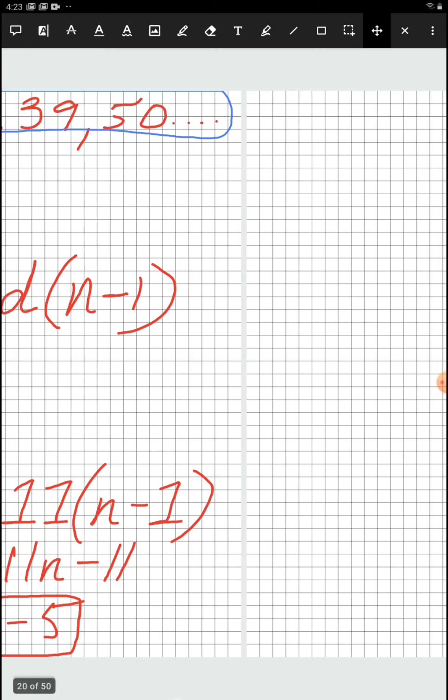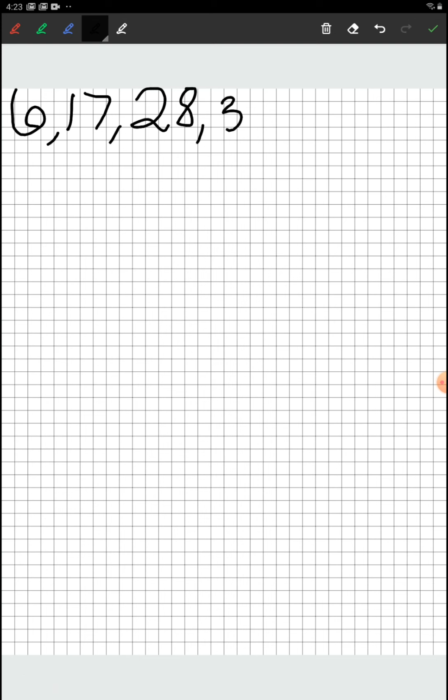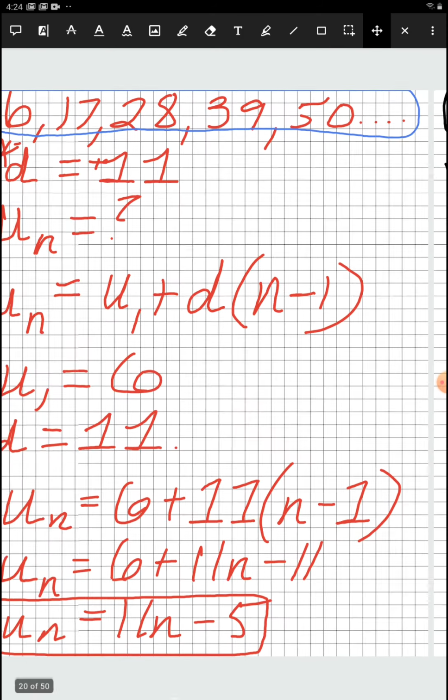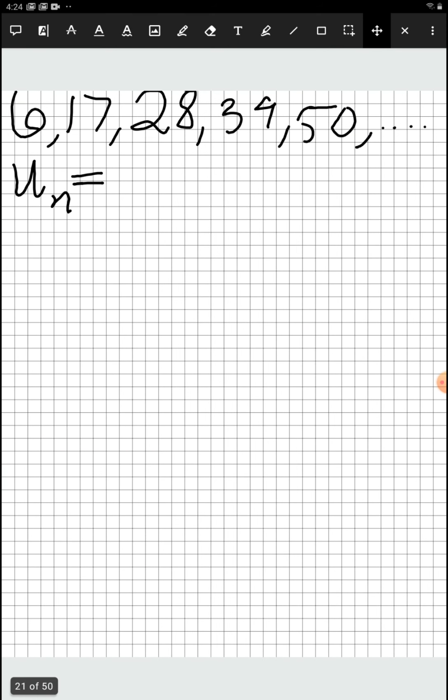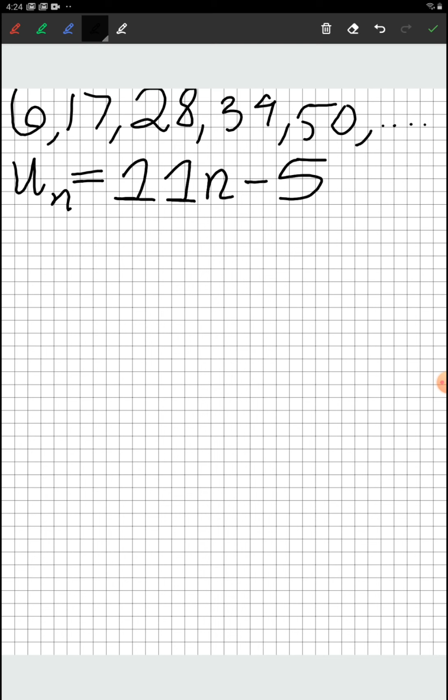Okay, so moving on. So what is it? 6, 17, 28. Again, we aren't done yet. I have determined now very important information. What did I say it was? 11n minus 5 is the general formula.